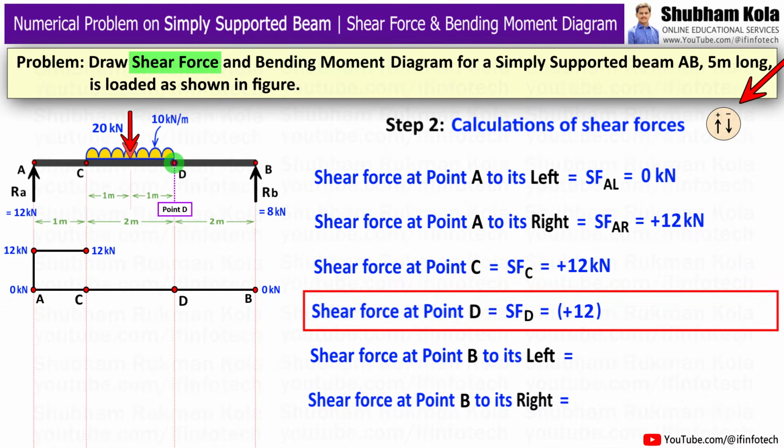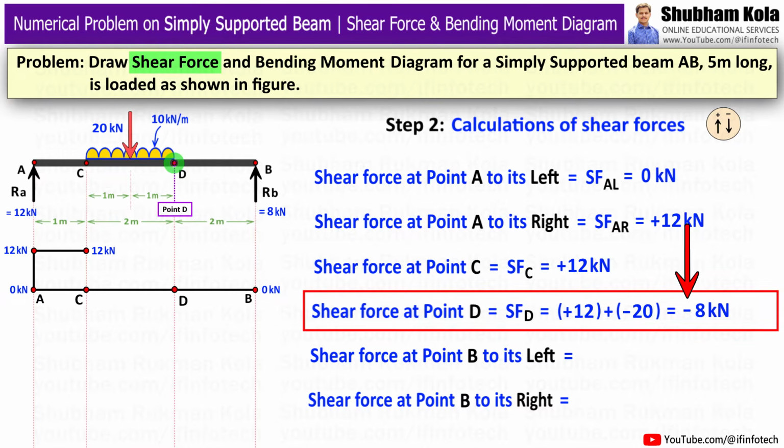So as per the sign convention, I will consider downward forces as negative. Hence I will add this point load with negative sign. Therefore, after calculating, this will get the shear force value as minus 8 kN.